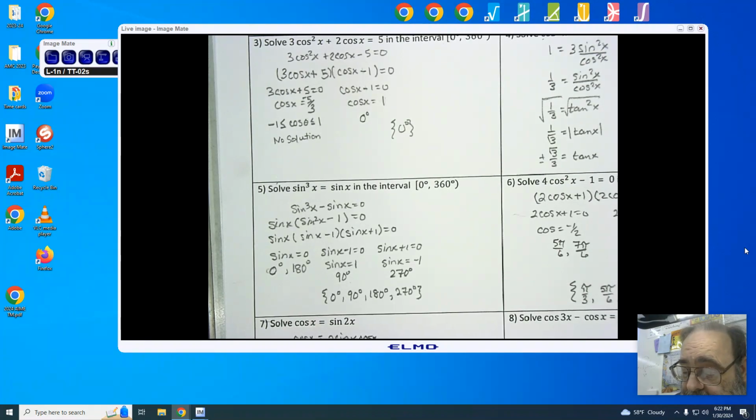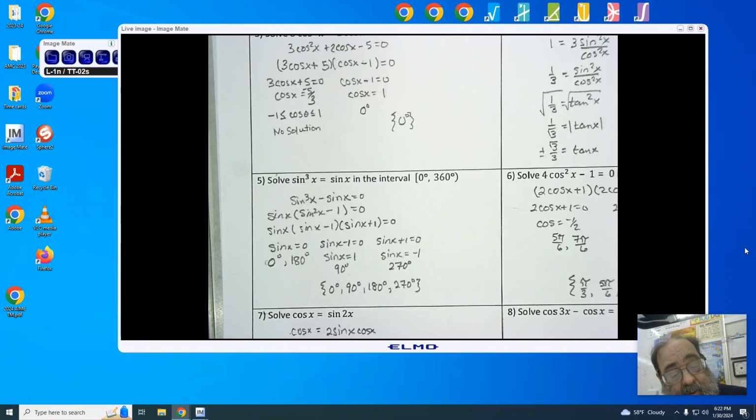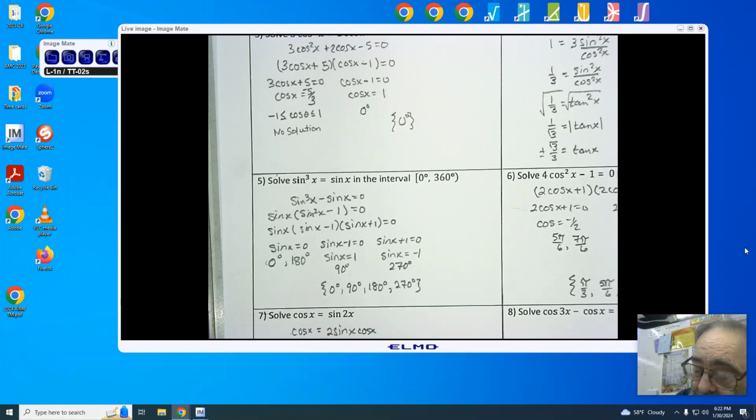I'm then going to factor out the cosine, leaving me with cosine x times (2 sine x minus 1). I'm now going to set each factor equal to 0, and I'm going to solve. Now you'll notice that we do not have it in either radians or degrees, nor do we have a domain. So I'm looking at plus 2 pi k, and I have 2 sine of x minus 1 equals 0.